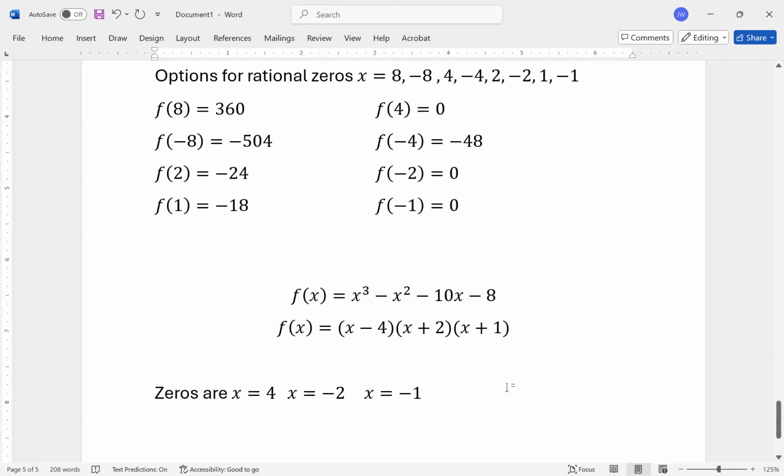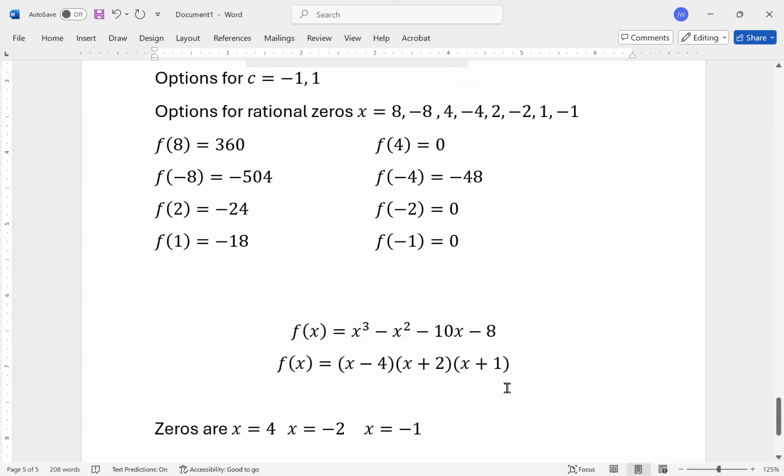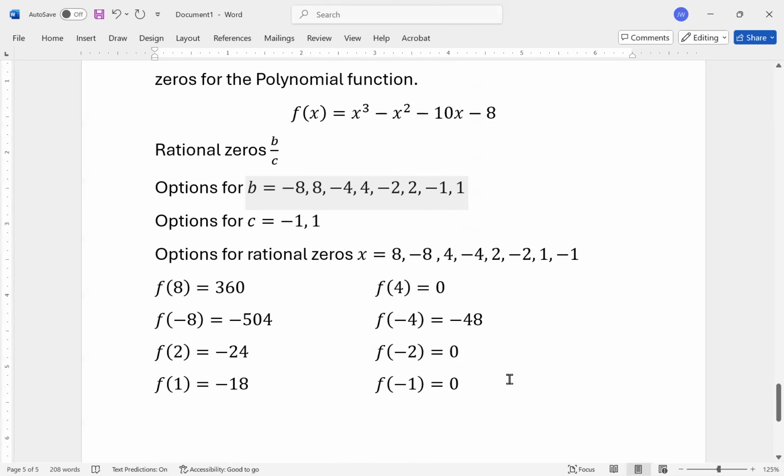So there you go. That's how we can utilize the rational zeros theorem. And again, it's much better than just trying to plug in a bunch of numerical values that have no order or thought behind them. You could spend all day plugging in values if I didn't have a nice place to look.